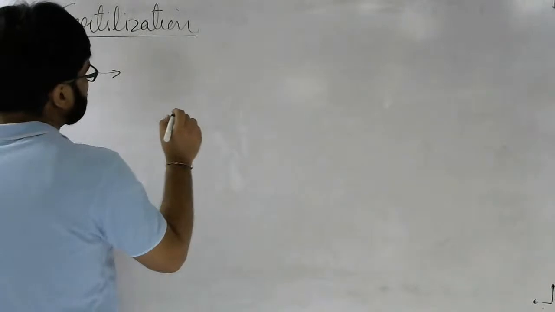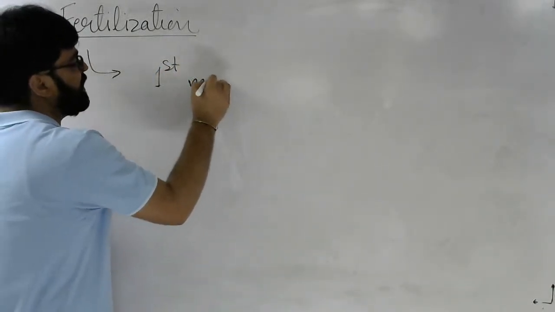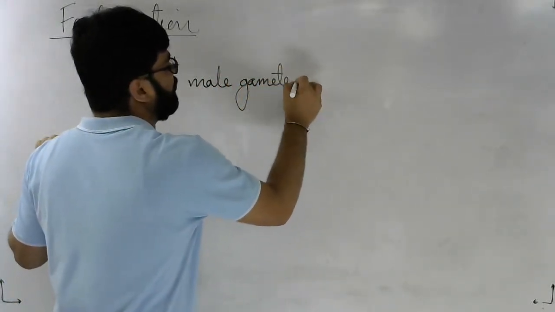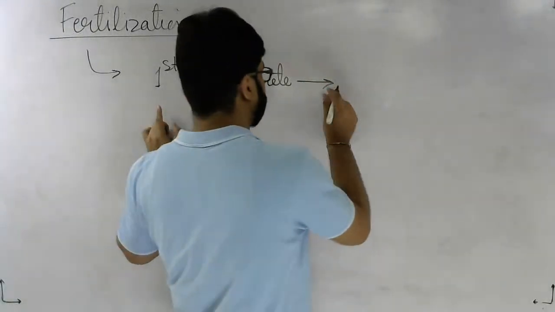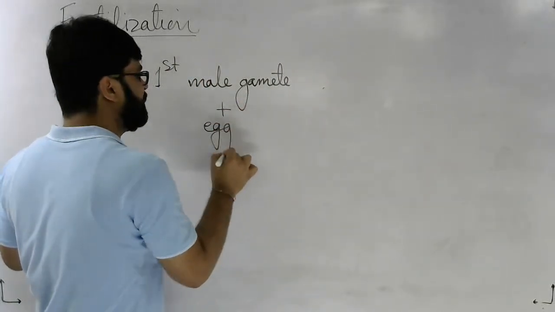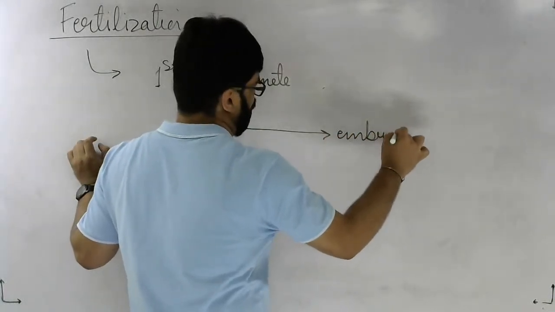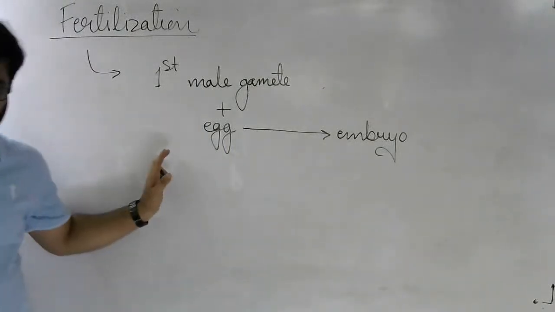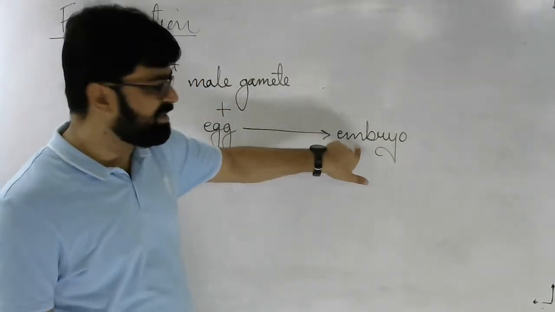Now, the first male gamete fuses with the egg cell to form the embryo. It will lead to the formation of embryo. First it will form zygote and then embryo will be formed, right? So here I have directly written embryo.